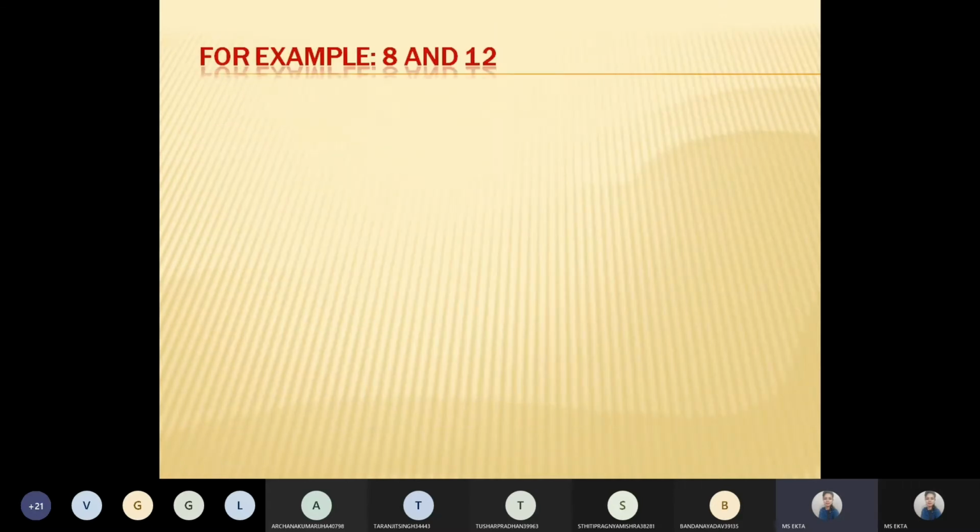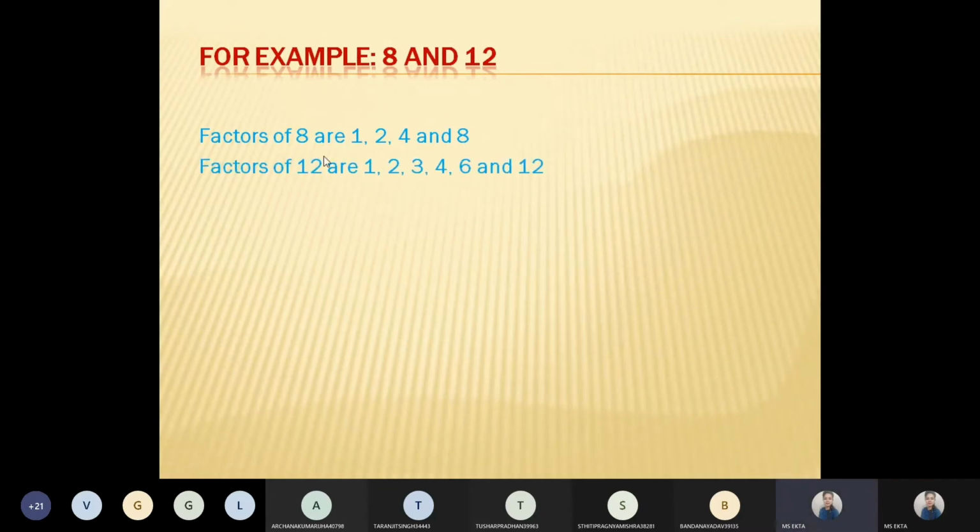Let's take an example, 8 and 12. We will first find out the factors of 8, which are 1, 2, 4 and 8. Then we have factors of 12, which are 1, 2, 3, 4, 6 and 12.